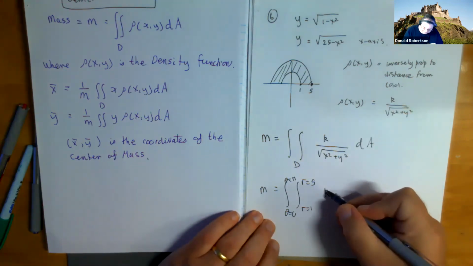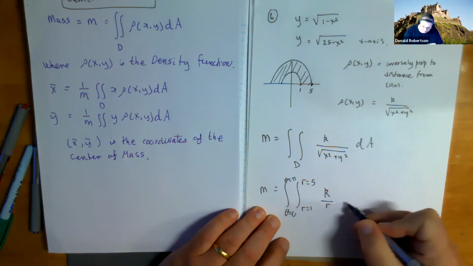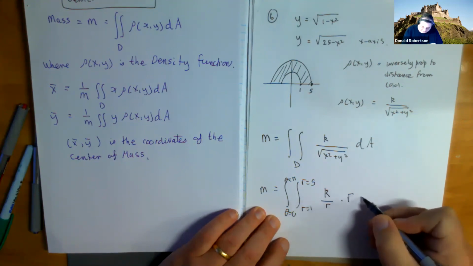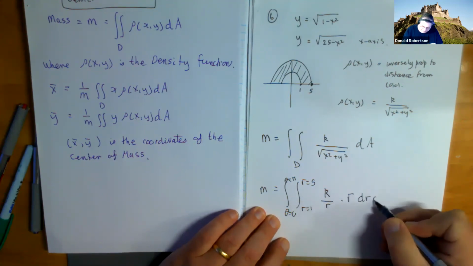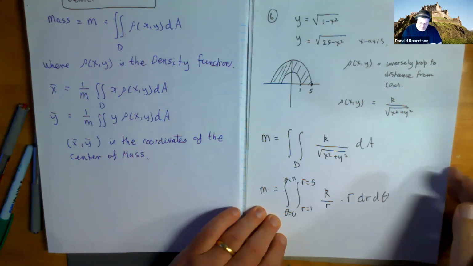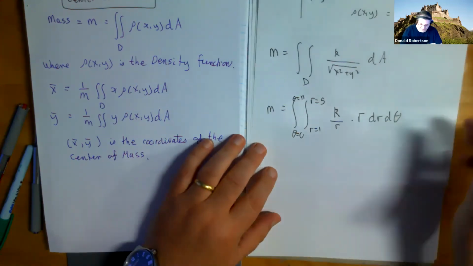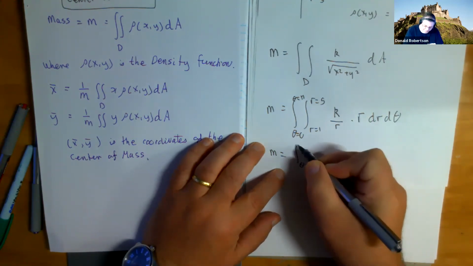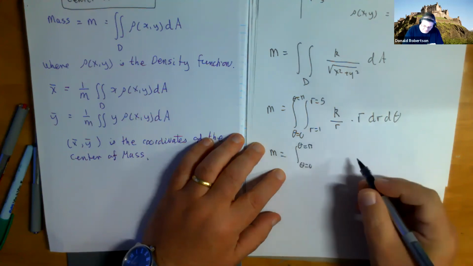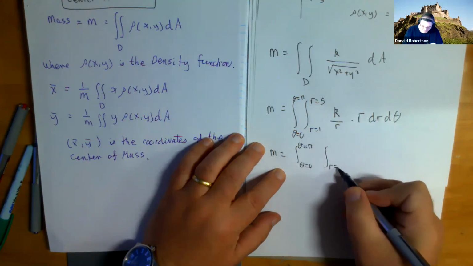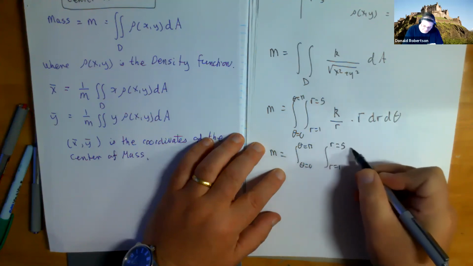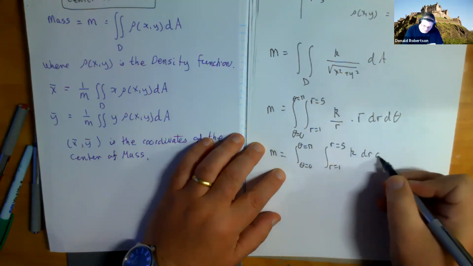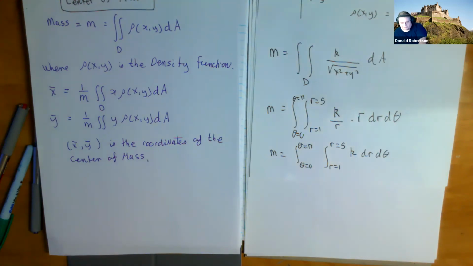So k over r times r dr d theta. And I am really quite surprised. Can you see why I'm surprised? The r's cancelled out, which I wasn't expecting, but it's nice.